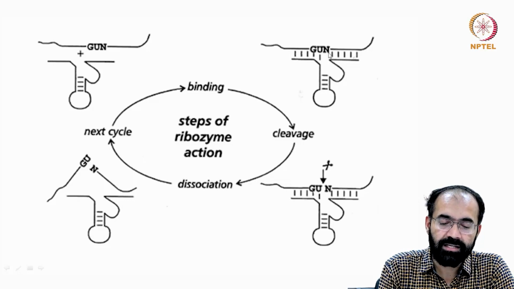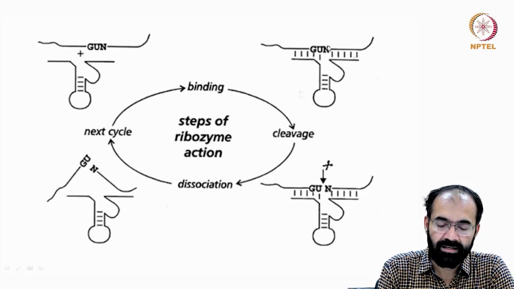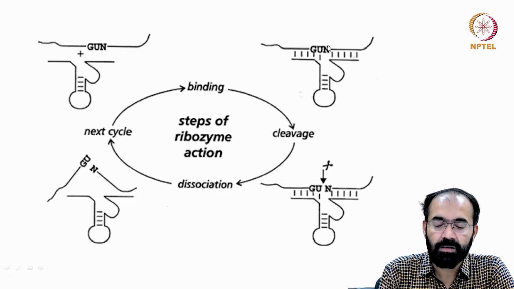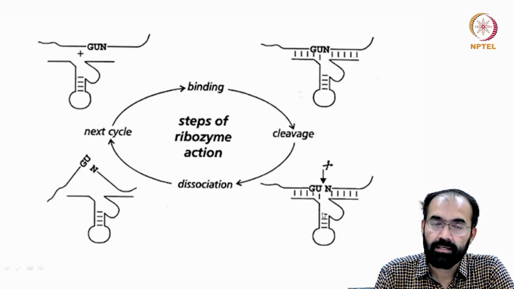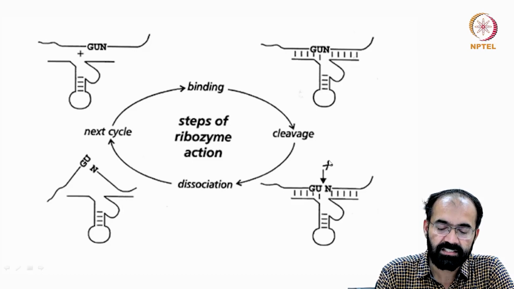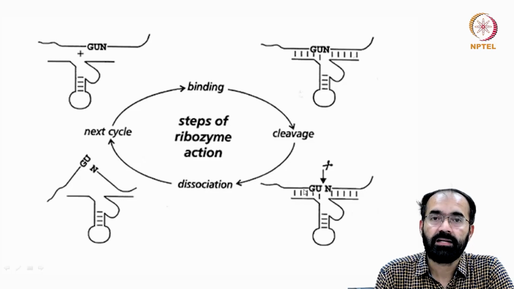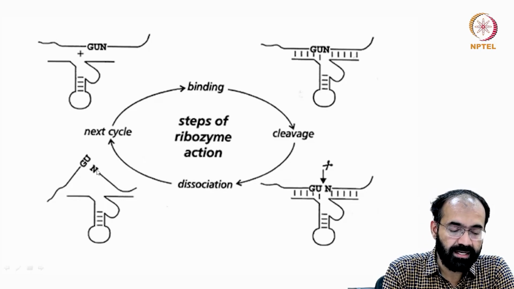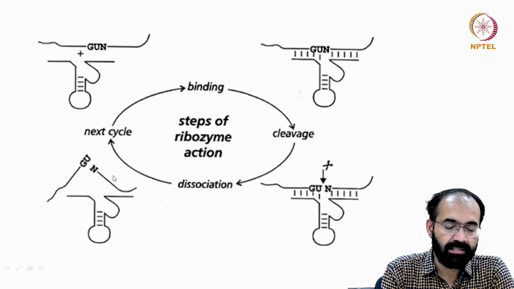Now we are more interested in this GUN region. What happens after binding? After binding, it performs a cleavage reaction. That means a symbol of scissors is given. It cuts between the U and the N, and what you end up getting is a cleaved substrate, and this broken substrate gets released.